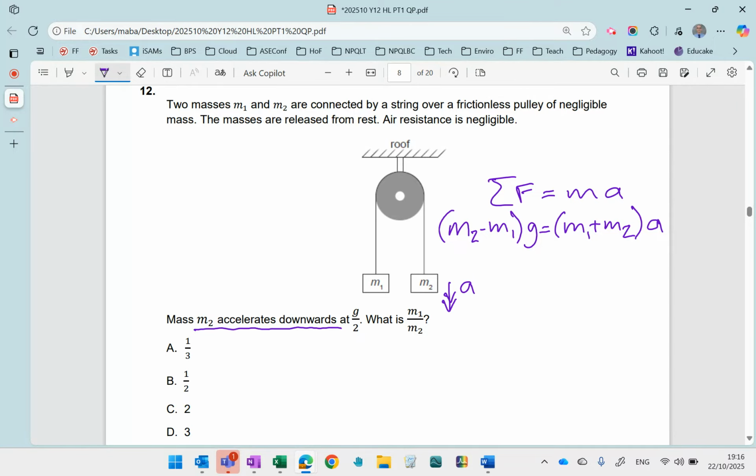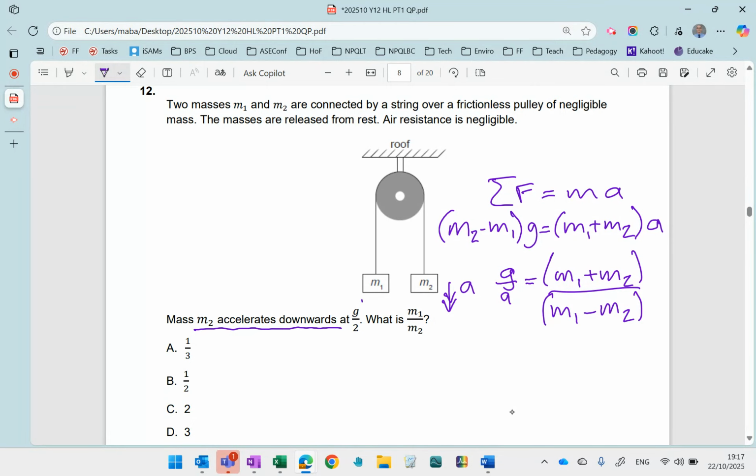And then we've got to find m1 over m2. So we're going to need to do a little bit of math there. What's the best way to do it? You divide g by a. So let's divide g by a. Then on this side we get m1 plus m2 over m1 minus m2, like that.